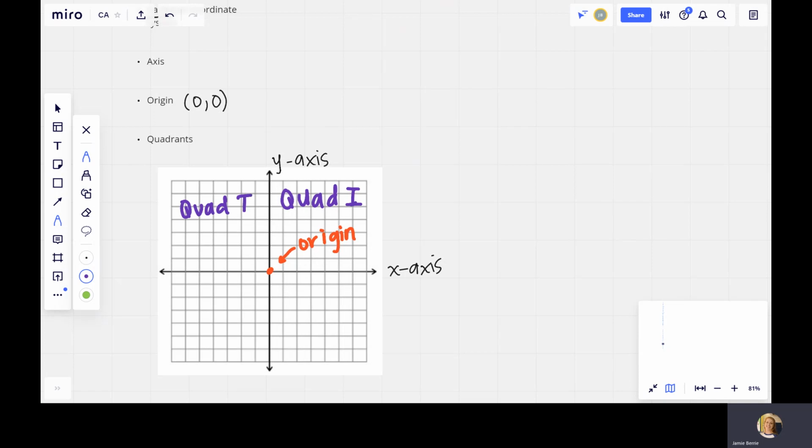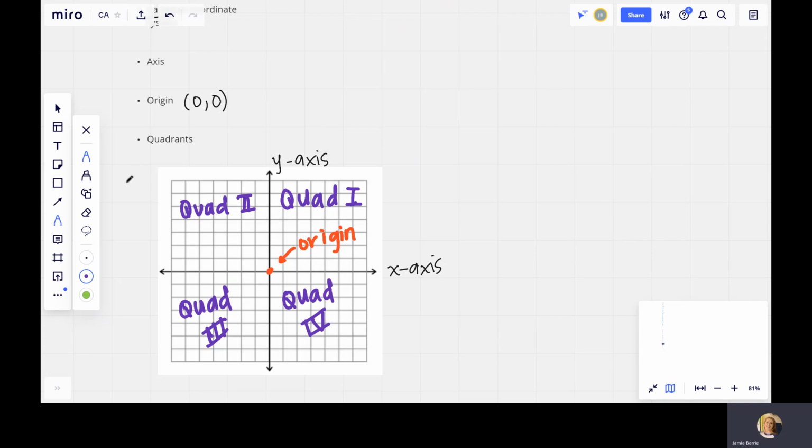This would be quadrant 2. Then down here we have quadrant 3. And then last we have quadrant 4. So you may have a problem where they ask you to plot an ordered pair, and then they'll ask you what quadrant does that ordered pair lie in, or what axis does that coordinate pair lie on.